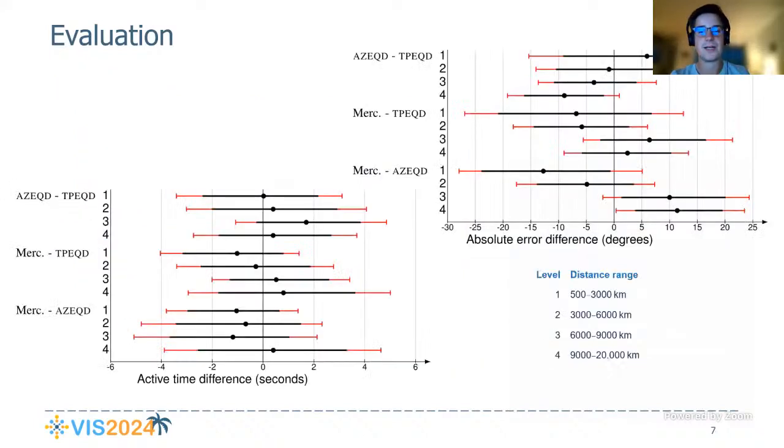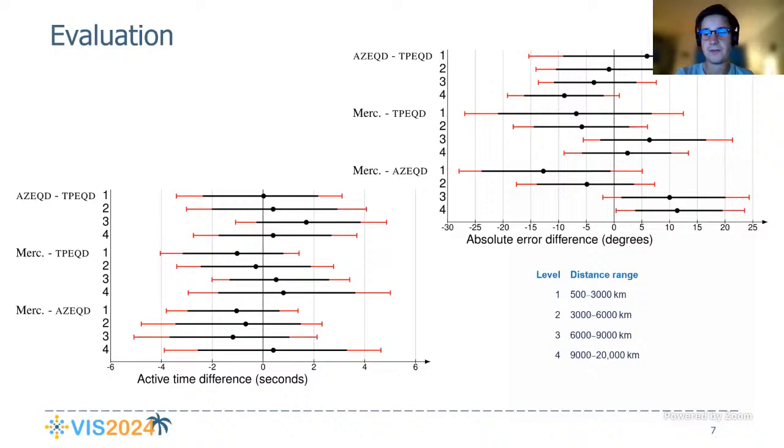We carried out time and error analysis with the sample mean per participant and condition, using interval estimation with 95% confidence intervals. These intervals are estimated using bias-corrected and accelerated bootstrapping with 10,000 iterations. From here, we calculated the pairwise differences between the projections per difficulty with Bonferroni correction for multiple comparisons with a factor of 9.